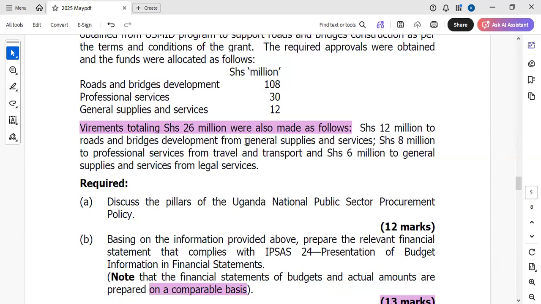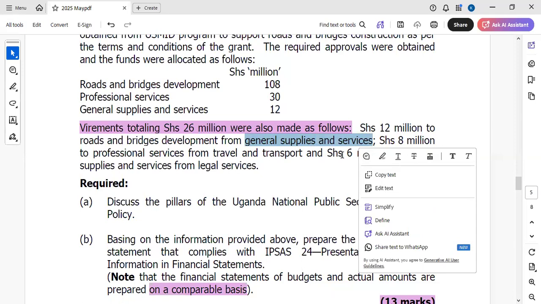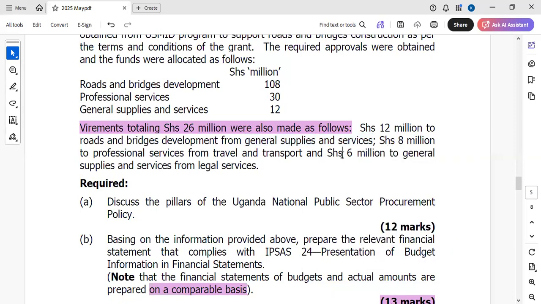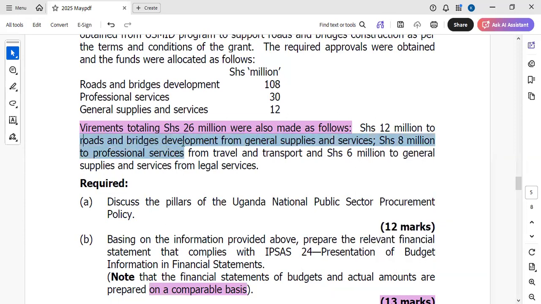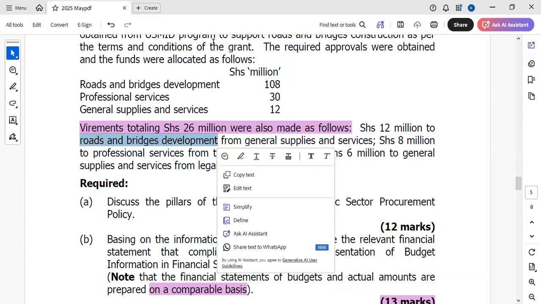But it is coming from which department or which expenditure item? From the general supplies and services. So it means that we will need to reduce the general supplies and services by 12 million. Then we increase the roads and bridges development by 12 million.